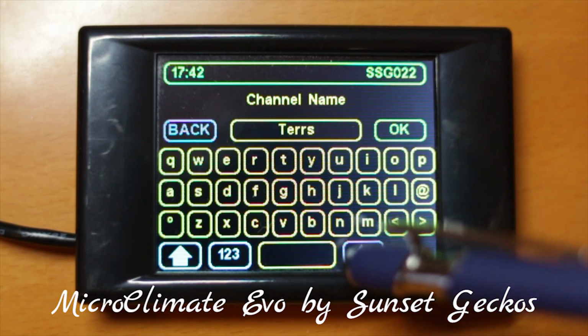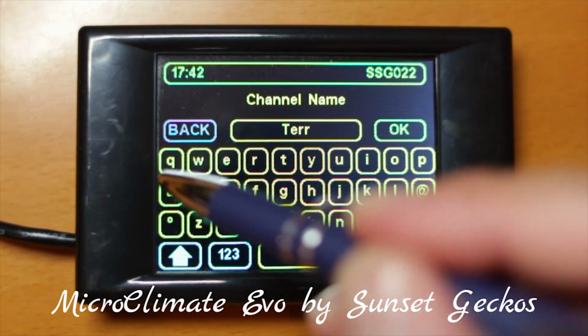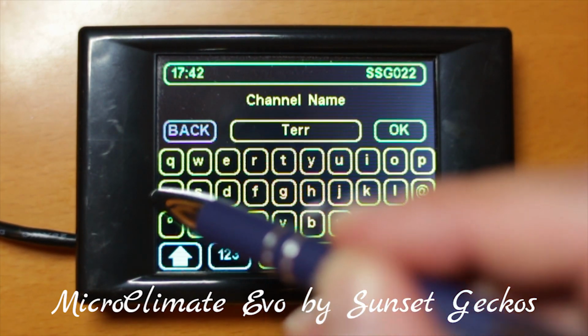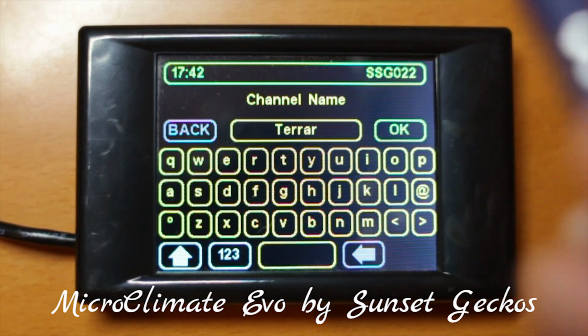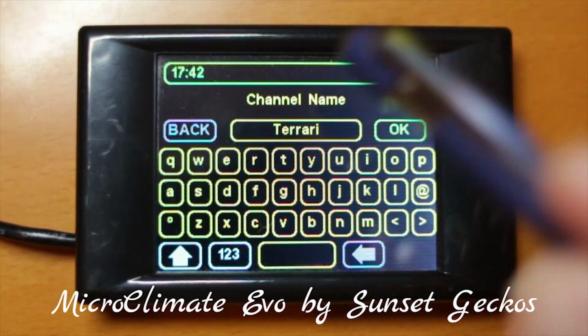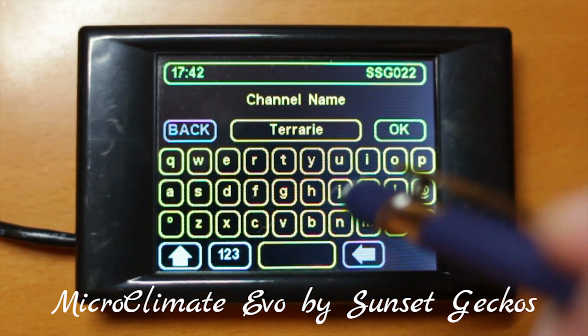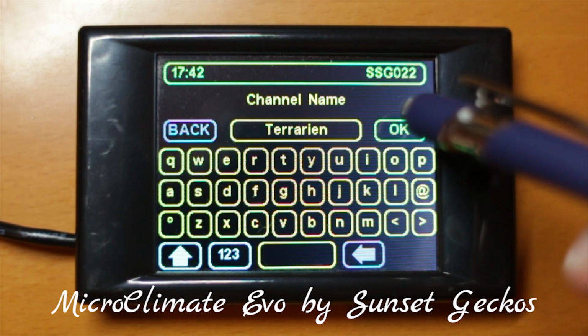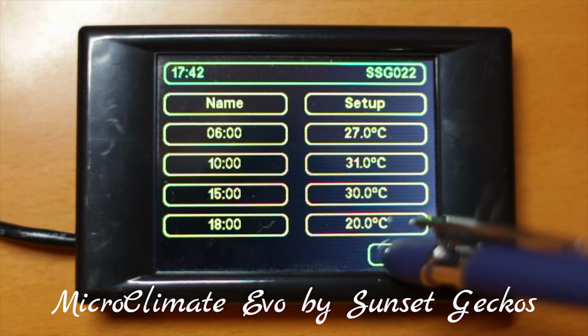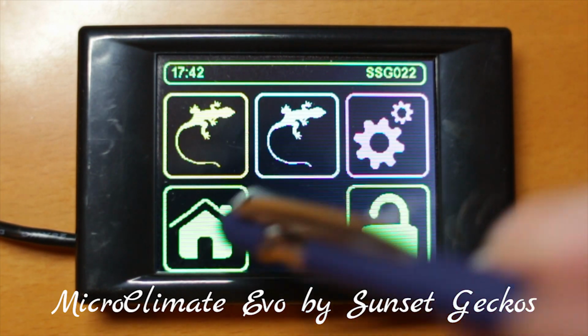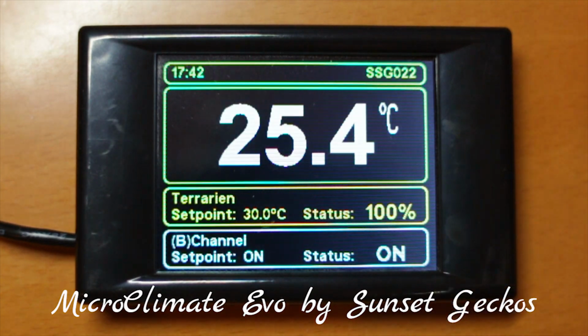Here you see far left, it's kind of hard to hit the characters, so you have to use the pencil side to be able to enter that. There we are. Terrarium, 30 degrees. That's how it's supposed to be.